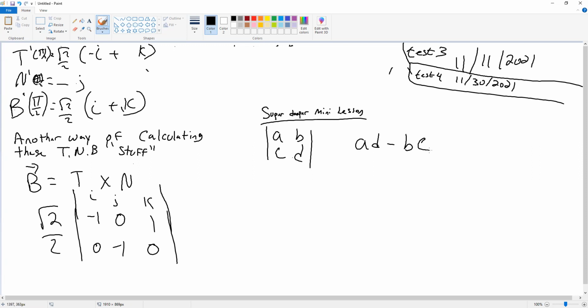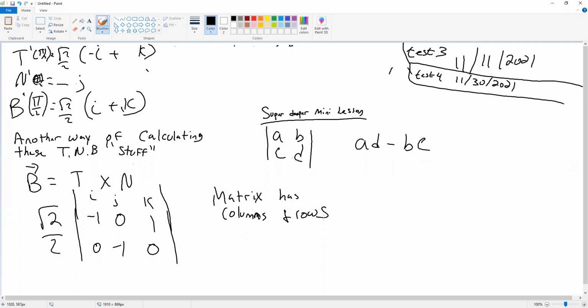Okay, so a matrix has columns and rows. This right here is going to be the i column, this right here is going to be the j column, this right here is going to be the k column.